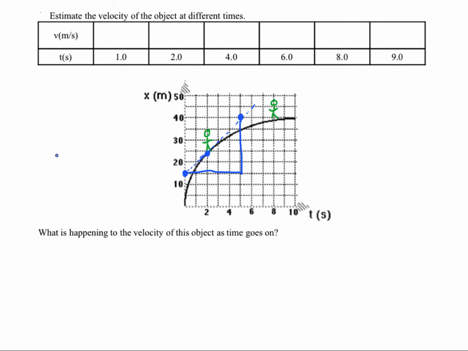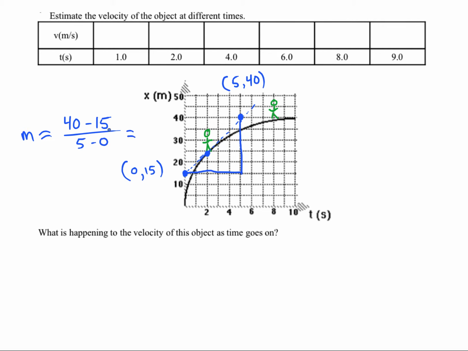So I see we've got the point (0, 15), and up here I selected the point (5, 40), and we'll just try to find that slope. So the m will be approximately (40 minus 15) over (5 minus 0).